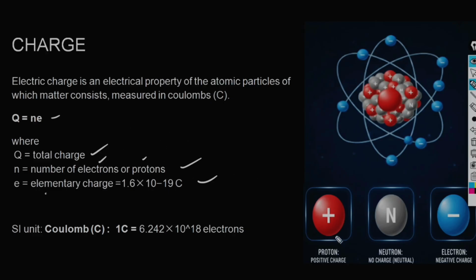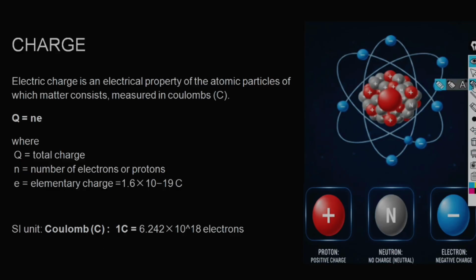Here, if you are considering a proton, the charge will be plus 1.6 into 10 power minus 19 coulomb, while if you are considering the electron, the charge will be minus 1.6 into 10 to the power minus 19. The smallest amount of charge possible is called the elementary charge, and 1.6 into 10 to the power minus 19 coulomb is the value of that particular charge.